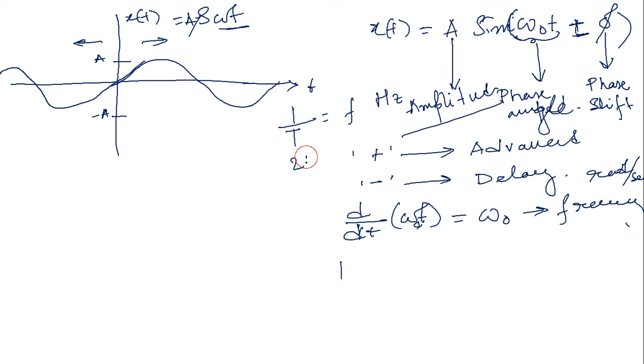If I take 2 pi by T, that is omega, the unit is radian per second. That is the basic difference. Both are frequency, both are 1 by T components.